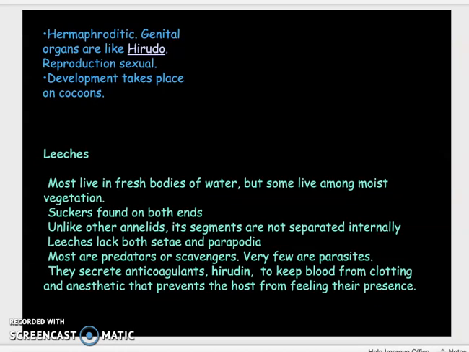They are hermaphroditic. The reproductive organs are like Hirudo, the reproduction is sexual, and the development takes place in cocoons.